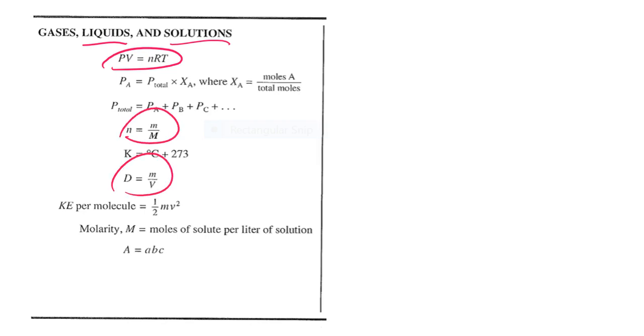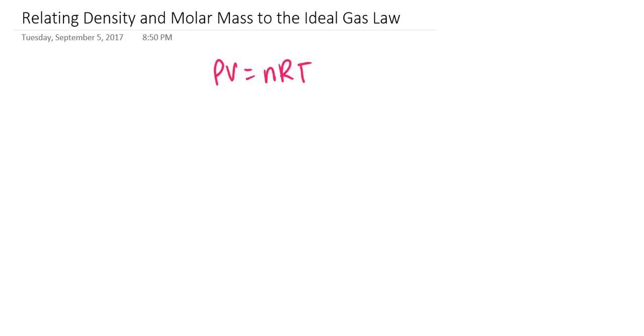This reminds us that the number of moles is equal to the mass over the molar mass. And again, this reminds us that density is equal to mass over volume.